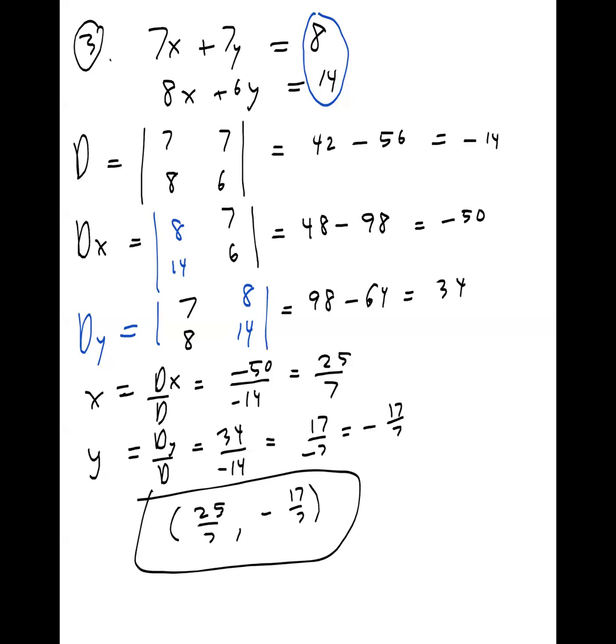Now let's solve problem number 4. Example number 4. This one says x equals y plus 6 and x plus y equals 8. So the question first asks, can Cramer's rule be used?